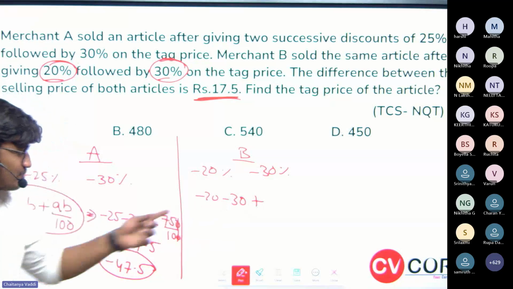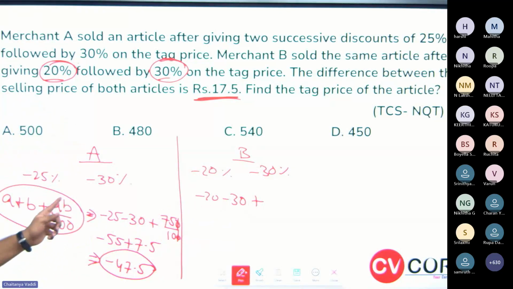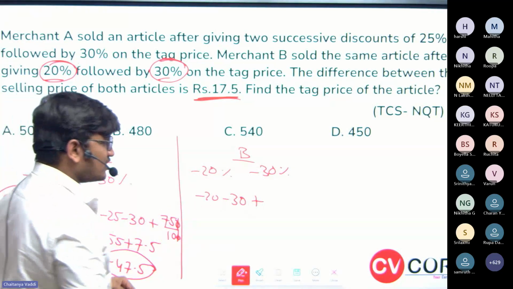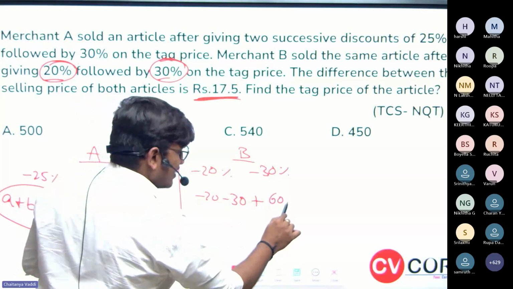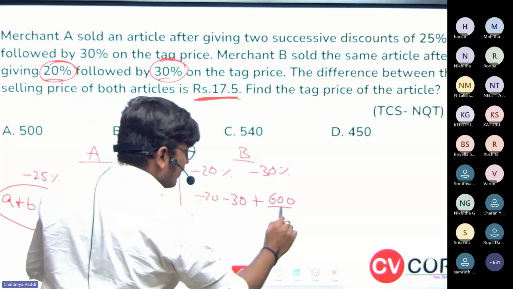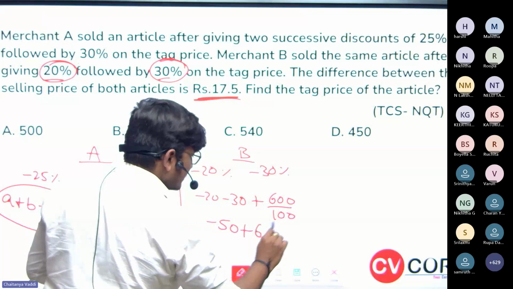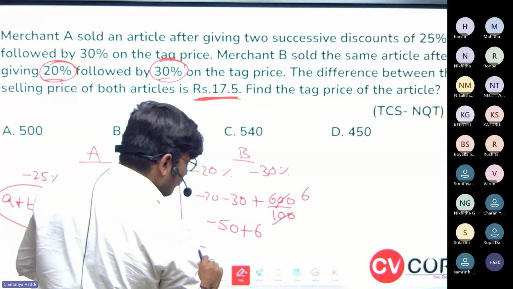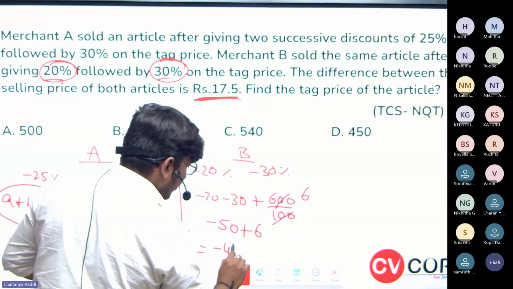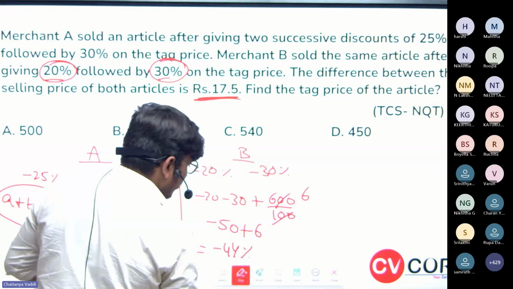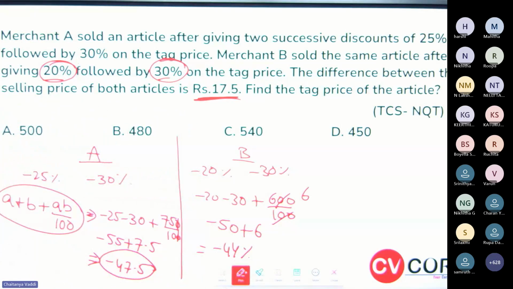Minus A into minus B, so it is plus AB. So plus 600, 20 into 30 is 600 by 100. So minus 50 plus 6, which equals minus 44%. Now what they have given is, how much is the overall discount they are giving?